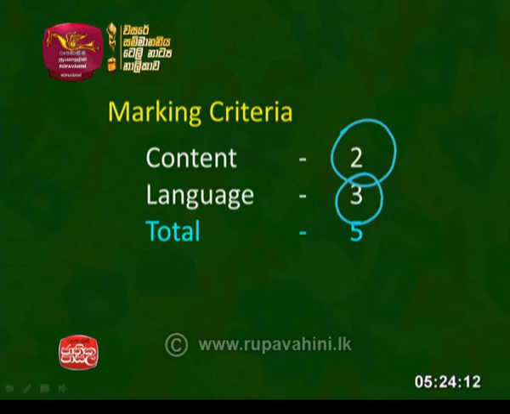So total will be 5 marks. So we will have a look how this 2 marks for content and 3 marks for language is being allocated.